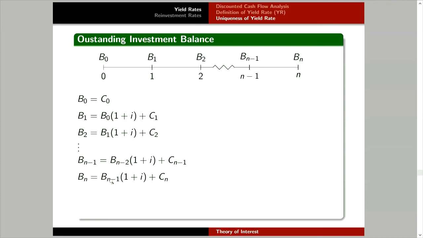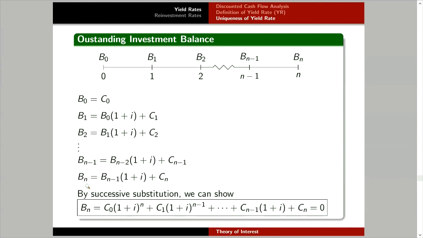So, you may want to replace B sub n minus 1 by B sub n minus 2 times 1 plus i plus C sub n minus 1. After that substitution, pwede nyo rin palitan si B sub n minus 2. Tapos magkakaroon ka ng B sub n minus 3. Papalitan mo rin yon. Actually, ang magiging itsura by successive substitution, ito.